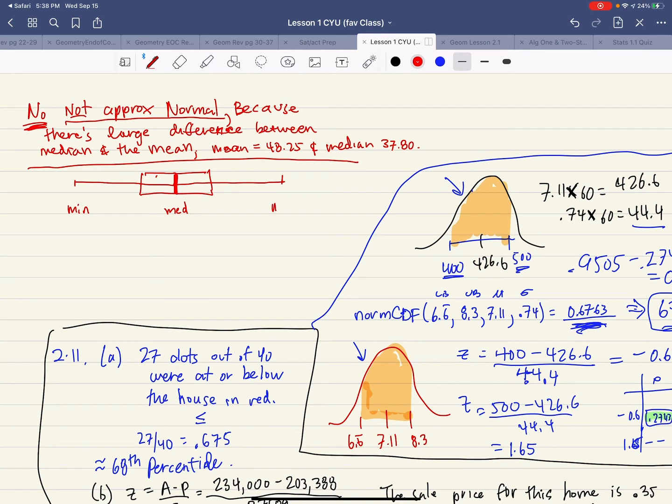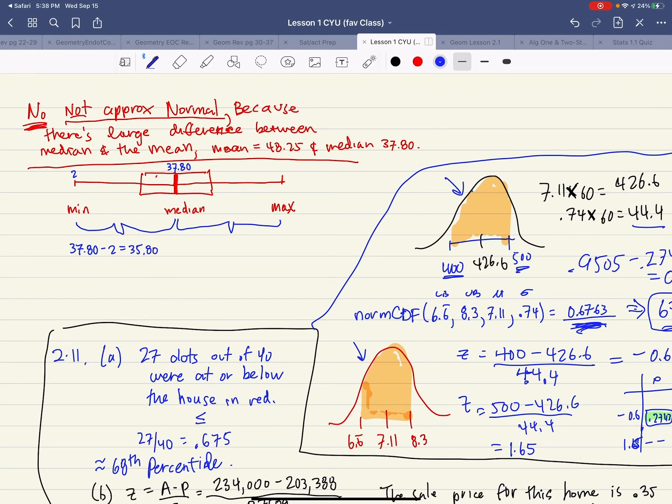Well, if something is symmetrical, the distance between the median and the max should be about the same as the distance between the minimum and the median. Those should be the same. So the distance between the median, if the min was 2 and the median was this, right? Then the distance between them would be this.